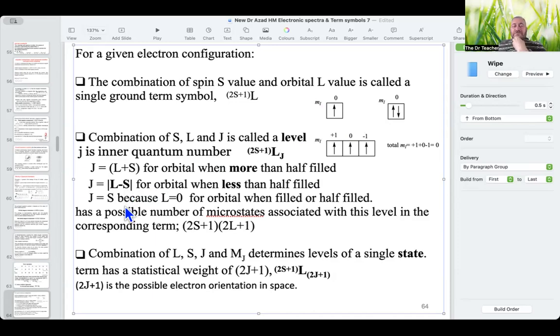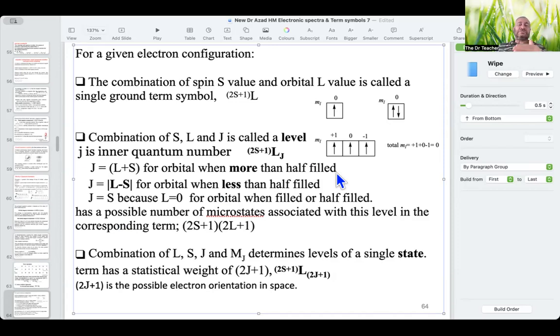That's it. So how many? S here is half, so J will be half. S here is half and half and half, 3/2, or 1.5. So that should be 3/2. You do fraction.